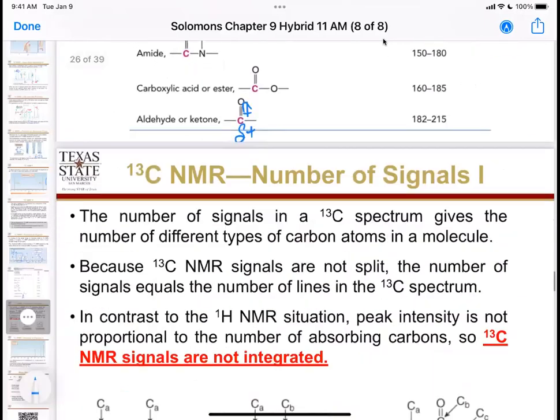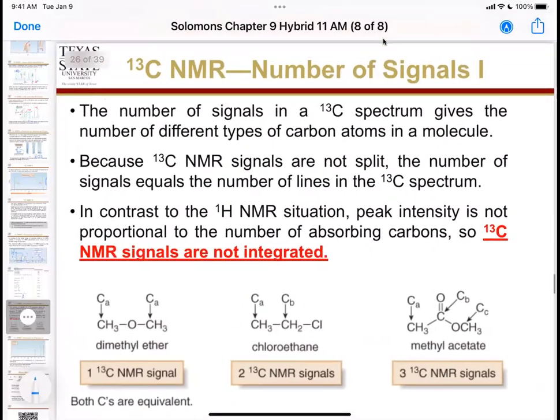All right. So we also have to figure out the different signals we have, and again, this is where it comes into looking at symmetry and bond attachment. In the case of this one right here, in proton NMR we had 1 signal for hydrogen because they were all the same.